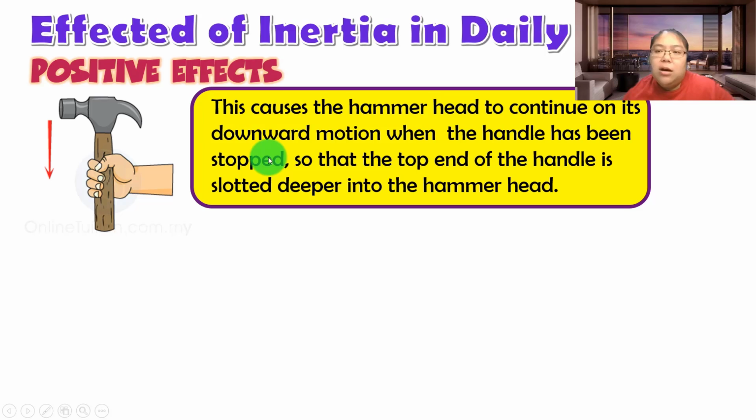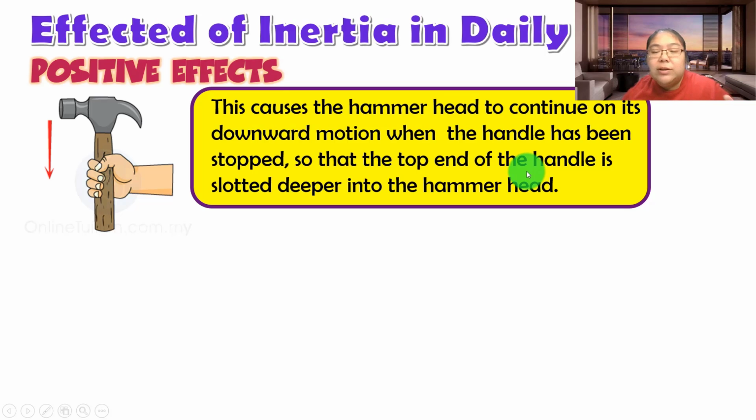So it continues its downward motion when the handle has been stopped, so that the top of the handle is locked deeper into the hammer head. Finally, you find the hammer head goes deeper onto the handle.